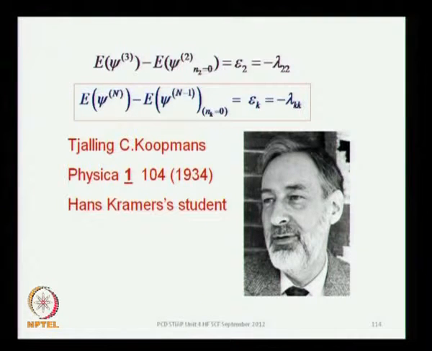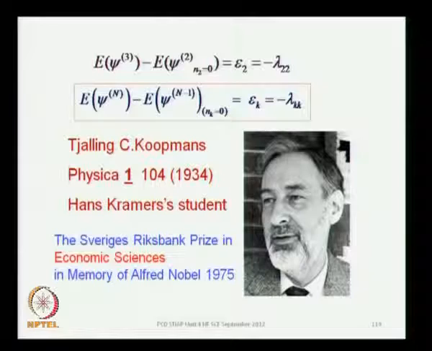A very interesting person, Koopmans, a student of Kramers, and Kramers suggested this problem to him, which he solved, and he wrote a paper in Physica, and this is presumably the only paper he wrote in physics. Nevertheless, he was a very smart fellow, and he went on to get the equivalent of the Nobel Prize in economics.